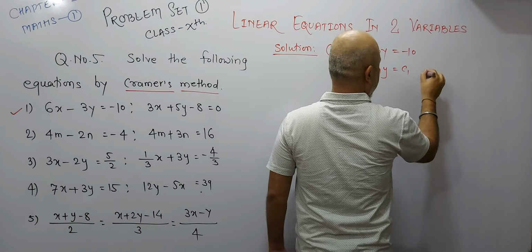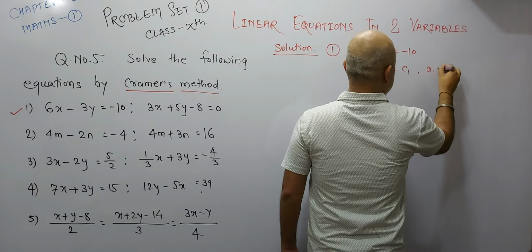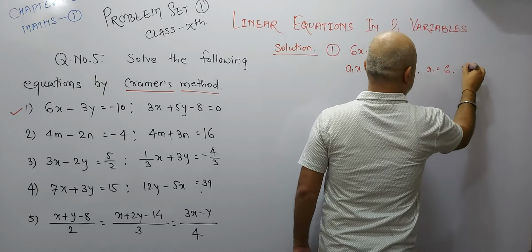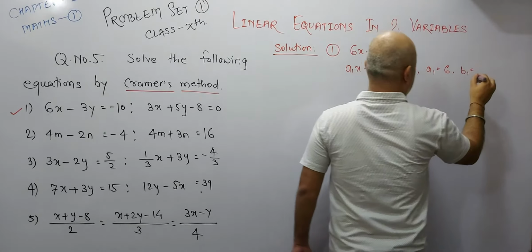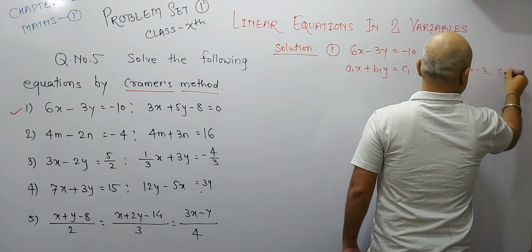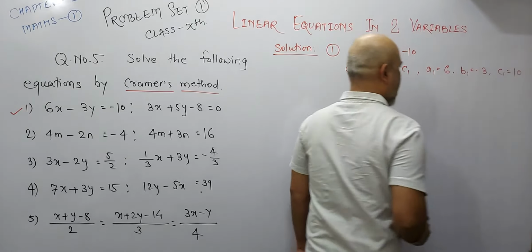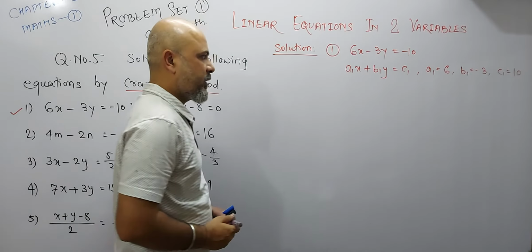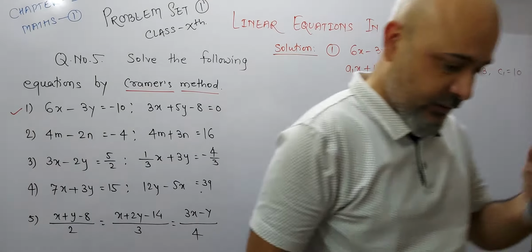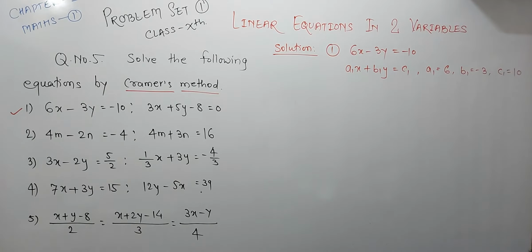So you will get a1 is equal to 6, b1 is equal to minus 3, and c1 is equal to 10. You will get a1, b1 and c1 from equation number 1, and then you will see equation number 2.